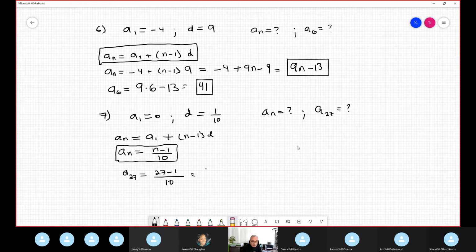It's 26 divided by 10, and we can reduce a little bit. You can put it as a fraction or decimal: 2.6 or 13 over 5, when you divide by 2 top and bottom. This answer is correct, and this answer is also correct, either way. Okay, this was question number 7.